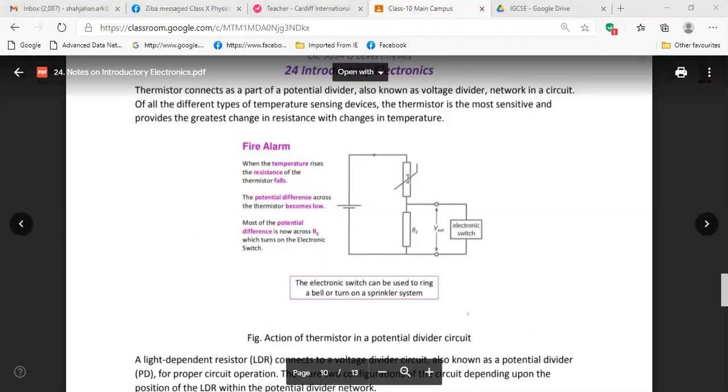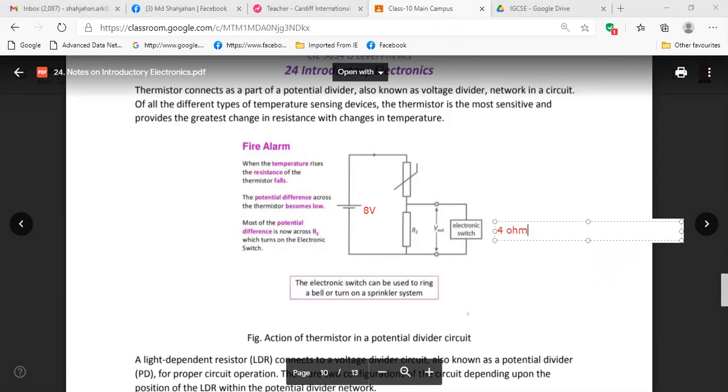Like this one has 8 volt. The way we did before, we are writing the same thing so that you can understand it easily. Now, for example, R2 is a fixed resistor, and for this fixed resistor you have 4 ohm.